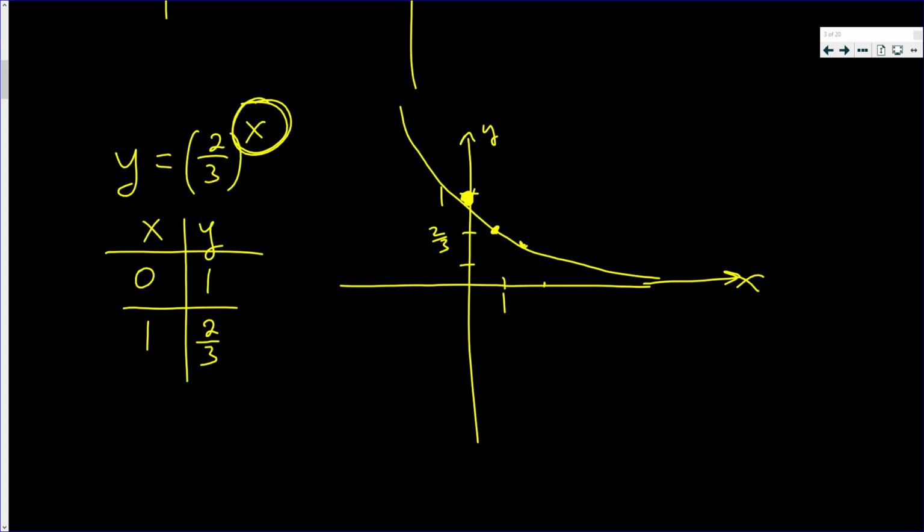This point and that point. And this point up here should be 1, right there. And there's the graph. It gets closer and closer to the x-axis.